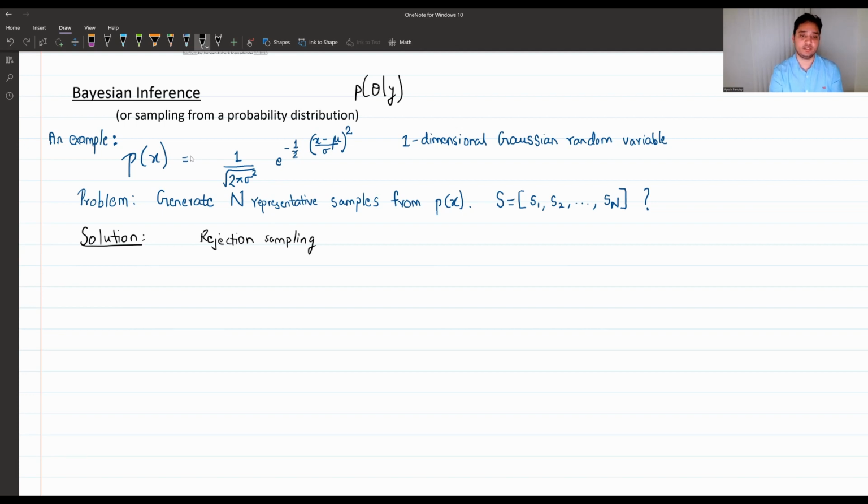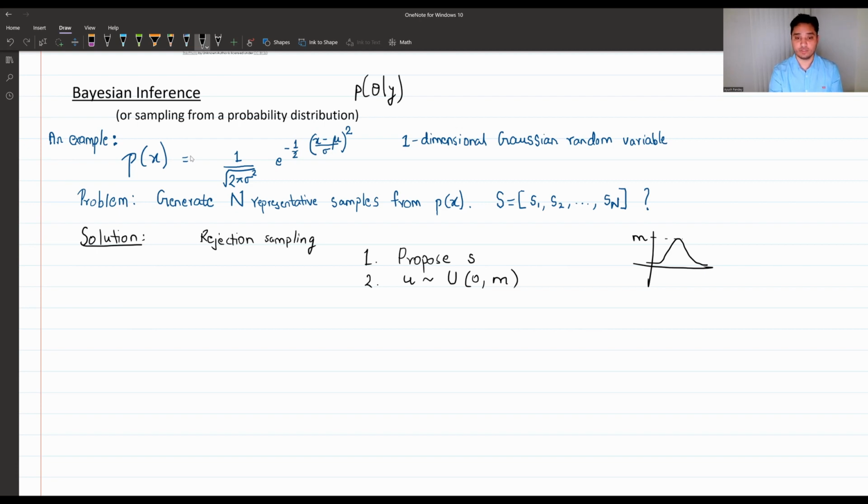So what we do essentially here is that we propose sample S. The second step is to draw a random variable u from a uniform distribution from 0 to m. So m would be our maximum value of the probability distribution. So we know what that is for our case. So we sample a value from 0 to m.